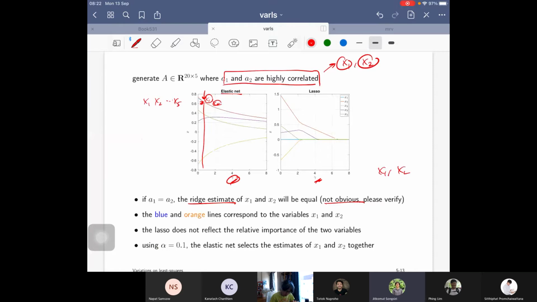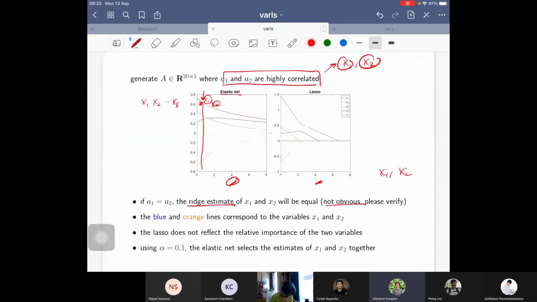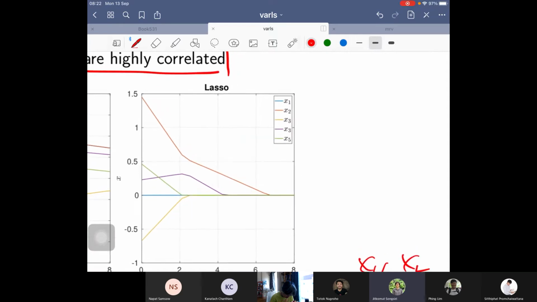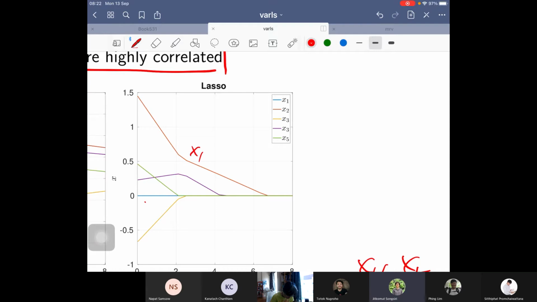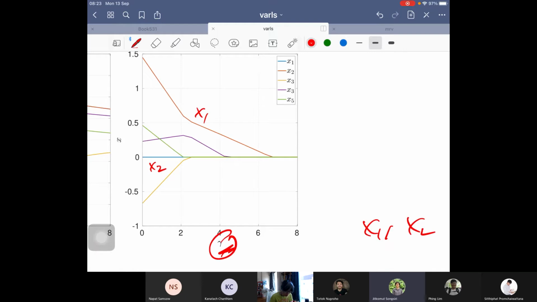On the other hand, if you take a look at the lasso, the blue and the orange ones, which correspond to the parameters X1 and X2, as you vary gamma, it doesn't look like these 2 parameters have some common values. Both eventually go to 0 because that's a feature of the lasso that brings sparsity to the solutions.